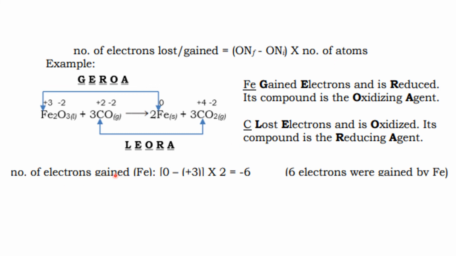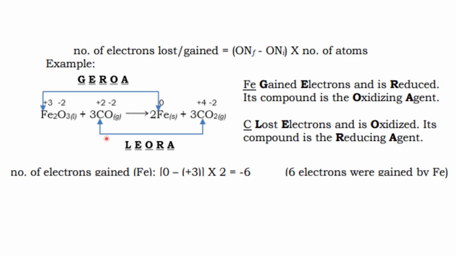So for the number of electrons gained, again, which among the three atoms did gain electrons? It is iron. Iron is the one that is reduced, that gained electrons. The question is, how many electrons did it gain after the reaction?